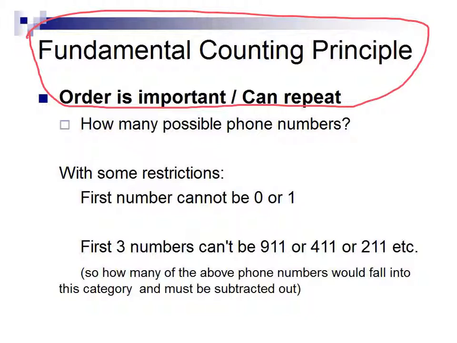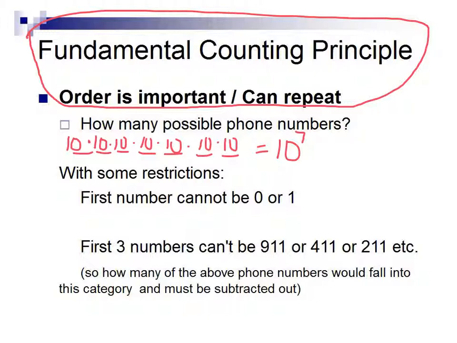So let's go through how many different phone numbers we could come up with. There's 7 numbers. How many options do you have for the first number? Well, there'd be 10. 0 through 9 is 10 different digits. And since you're allowed to repeat, you would still have 10 options for the next one, and 10 for the next, and the next, until that's really just 10 to the 7th power.